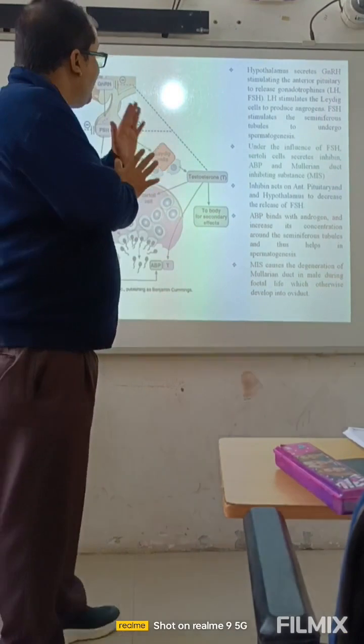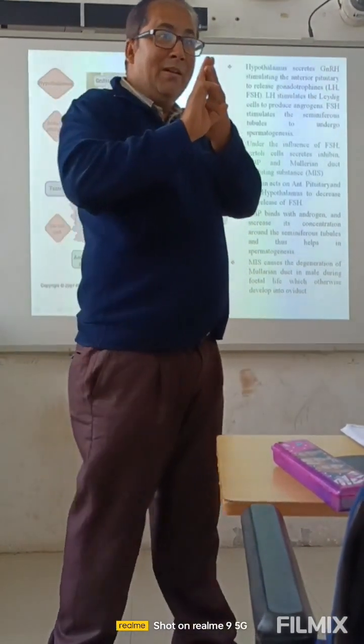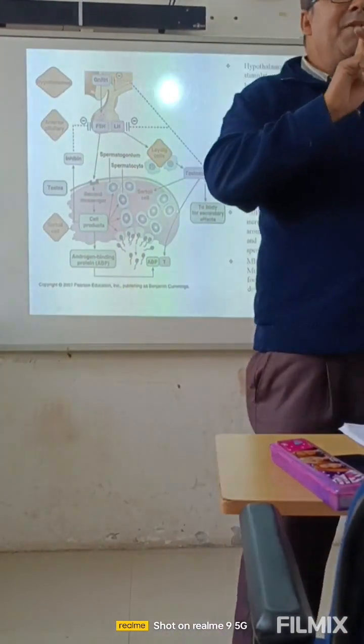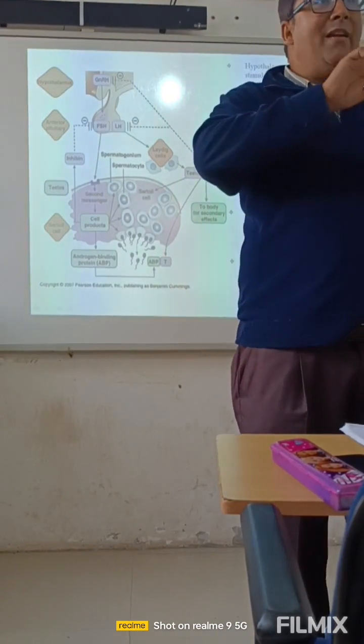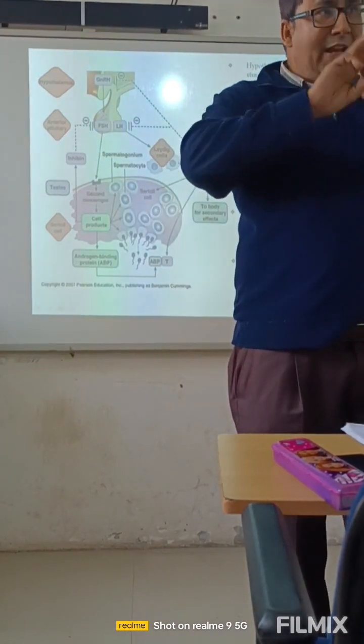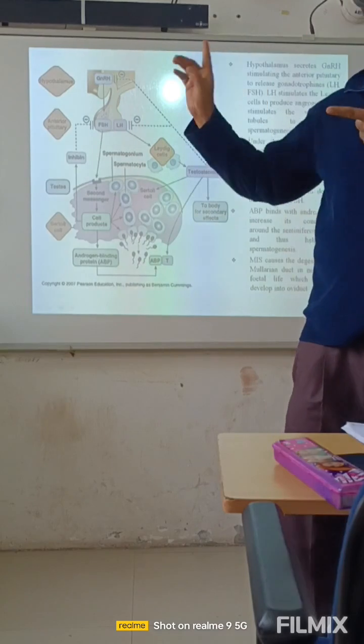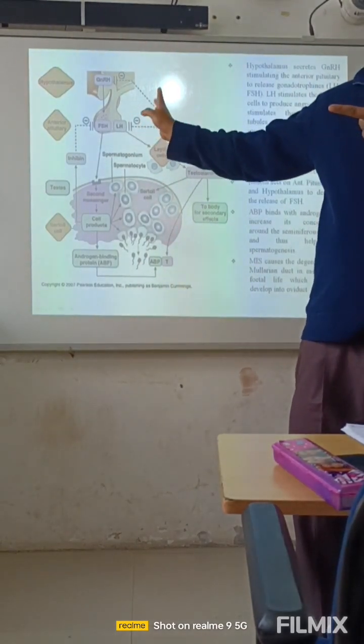In this way, remember three things: inhibin, ABP and MIS play a very vital role in spermatogenesis.